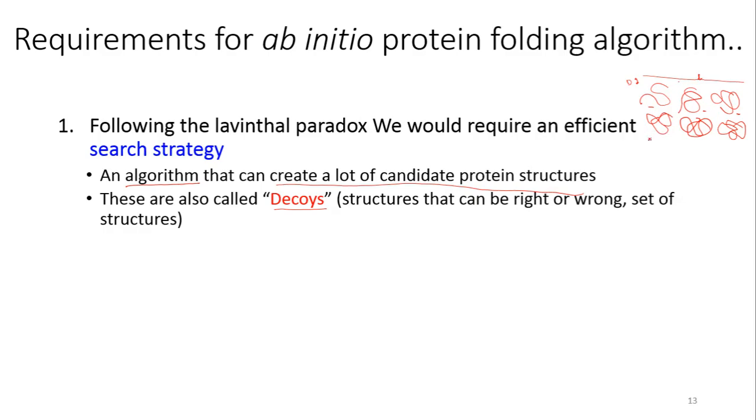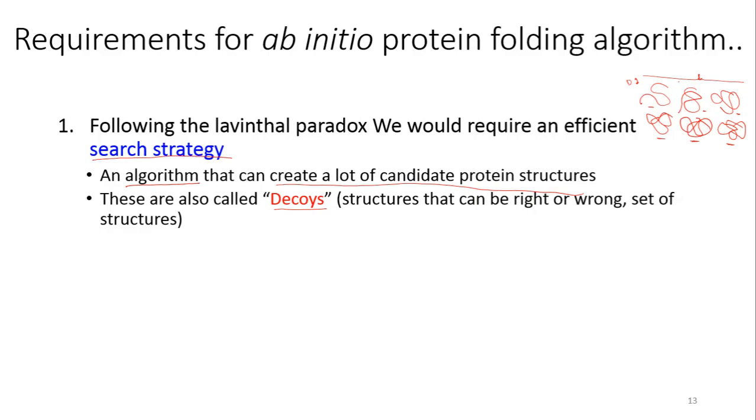All we want is an algorithm that would generate some set of structures that this particular sequence can adopt. So all in all, we want an effective search strategy. We would need a computational component in our algorithm that would search what might be the conformational states of a given protein. What can be the different conformational states that this protein can acquire?